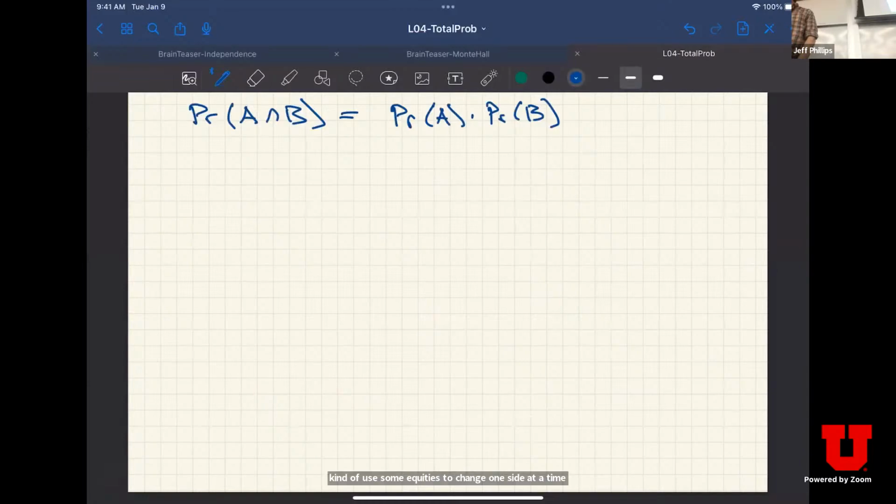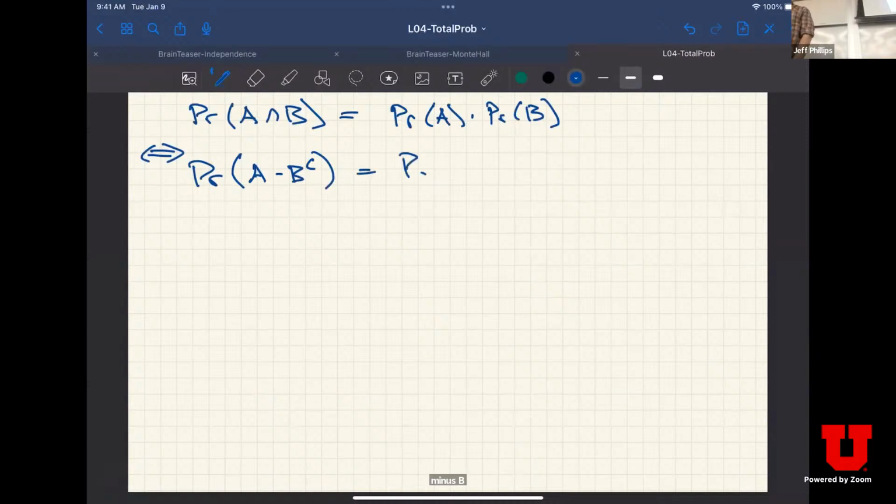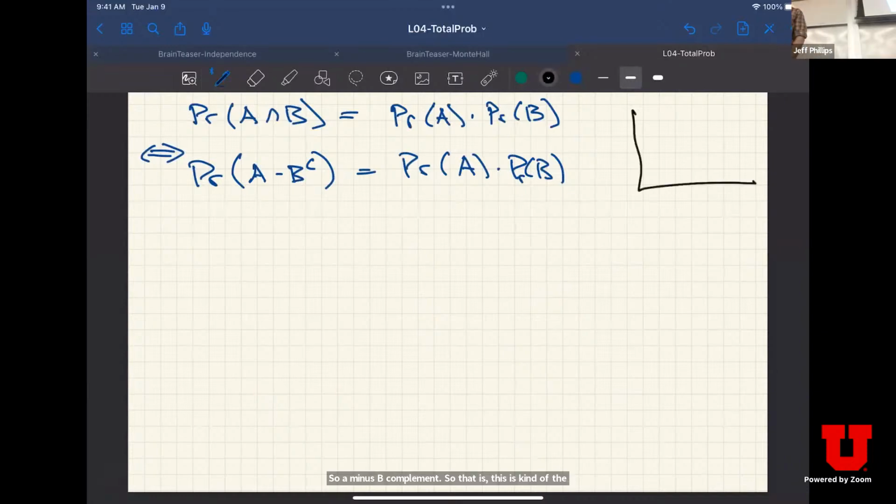Next, I can rewrite this left-hand side as the probability of A minus B complement. This is equal to probability of A times probability of B. So this is the trickiest step here.